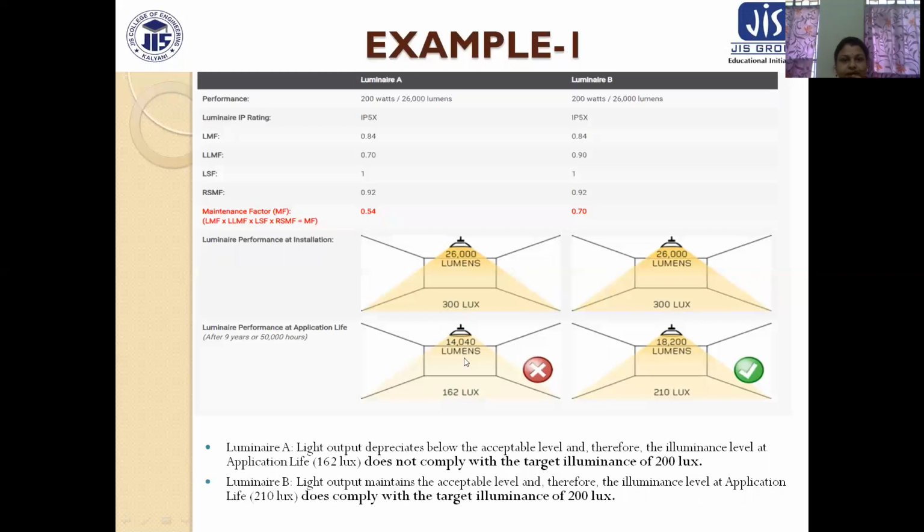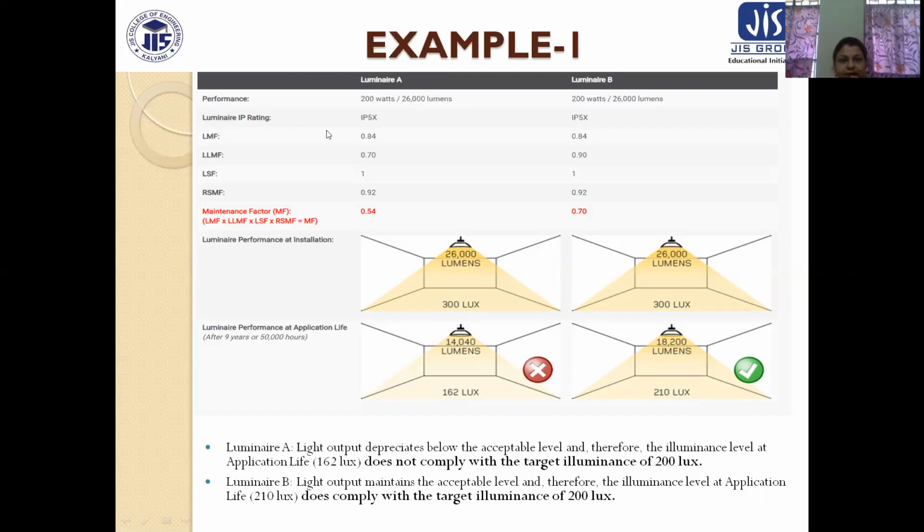So here we can see luminaire A and luminaire B. Their performance level is 200 watts per 26,000 lumens. Similarly, in the case of luminaire B, 200 watts per 26,000 lumens.